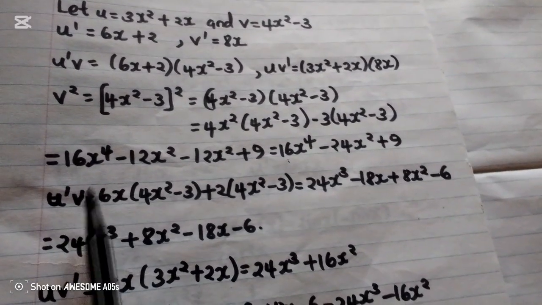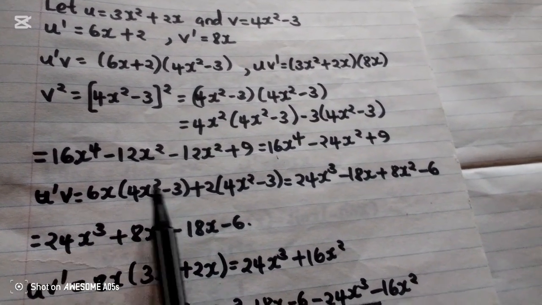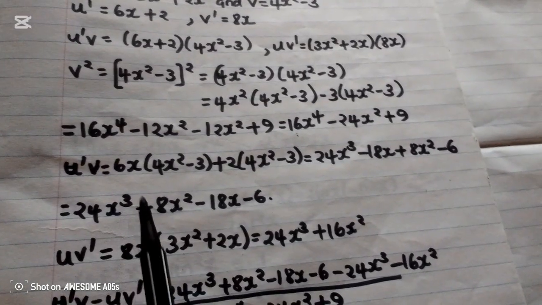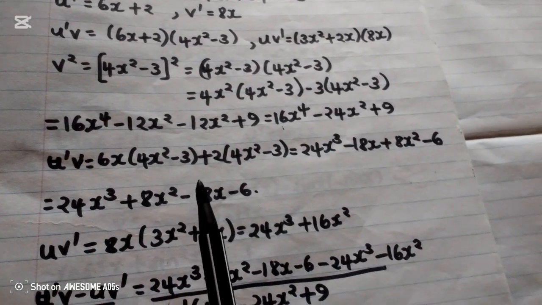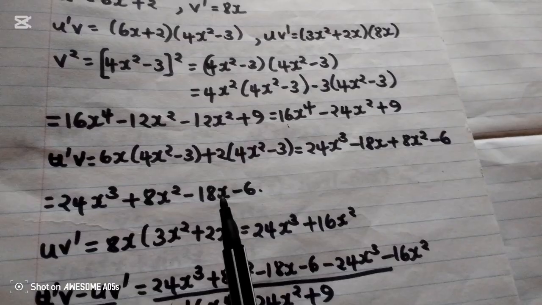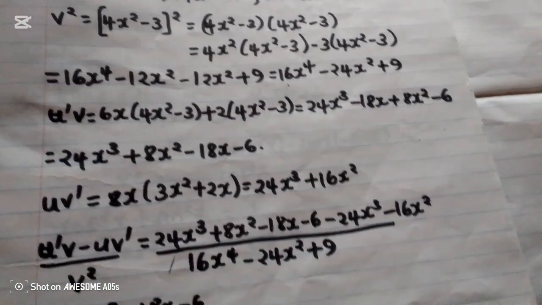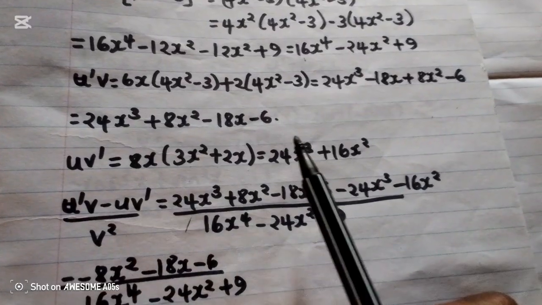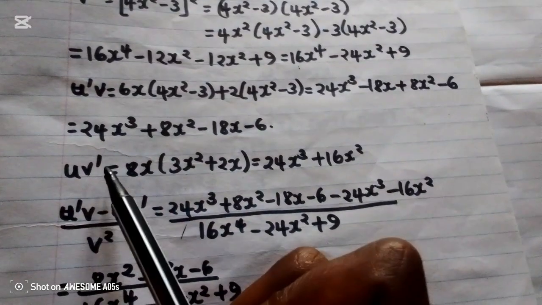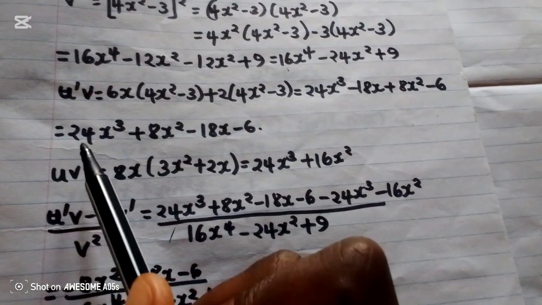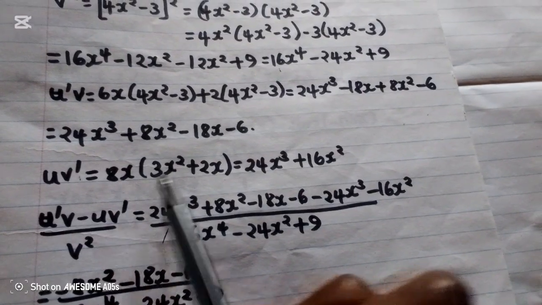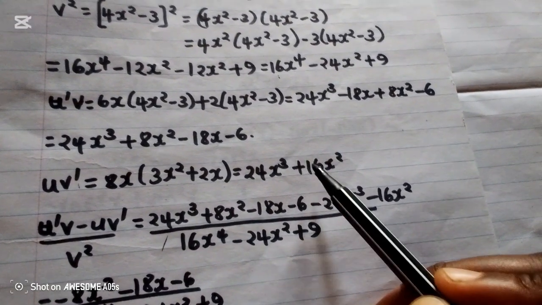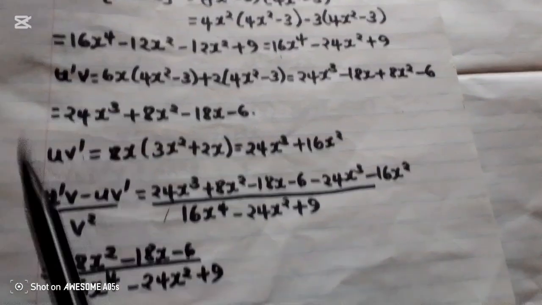So u prime v, if you multiply the derivative of u times v, you will have 24x cubed plus 8x squared minus 18x minus 6. Next is u times the derivative of v, which will give you 24x cubed plus 16x squared.